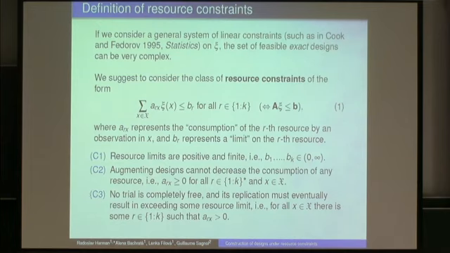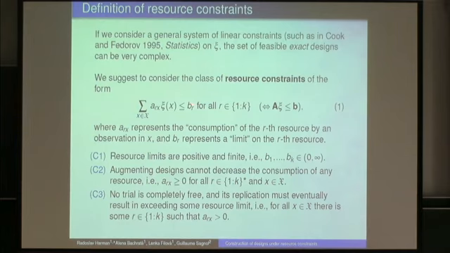So what we suggested in that paper, and what I suggest to consider, whether perhaps it should be enough, is the class of so-called resource constraints. Resource constraints are some general constraints. This is the schematic form of these resource constraints. We have some coefficients here and some coefficients at the right-hand side.